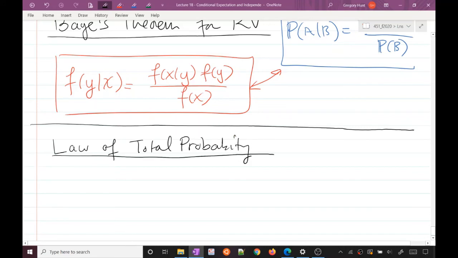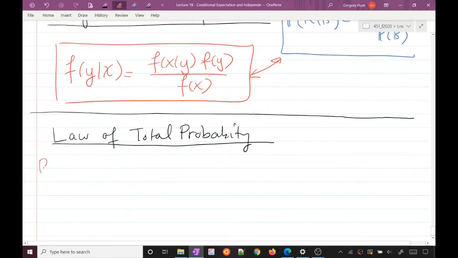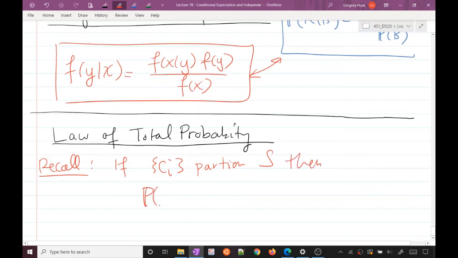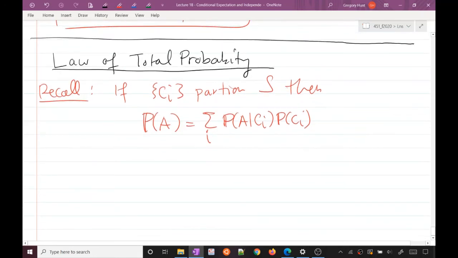If you recall, if we had events and we said maybe the Ci partition the sample space S, then you could write the probability of an event A as the sum of the probability of A given Ci times the probability of Ci. You could sum over all things in the partition. We could do something similar for random variables.